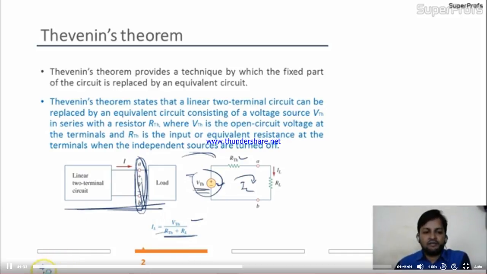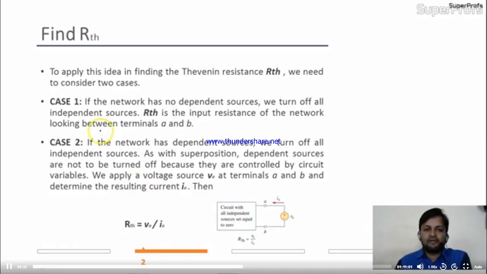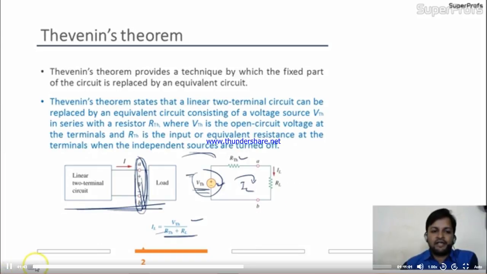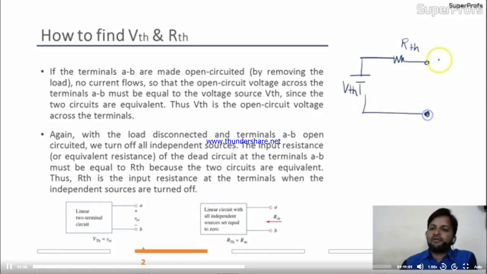If not, then we'll take one example in which it will be clear to you. Fine. So here we are having two parameters, V_Th and R_Th. In the resultant circuit, you are having two parameters, V_Th and R_Th. So a simple doubt is how to find the R_Th and V_Th. What is the V_Th?